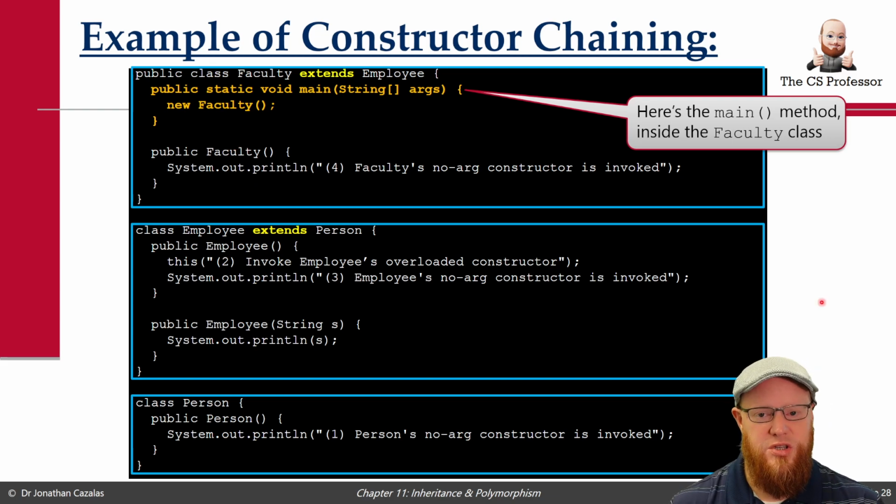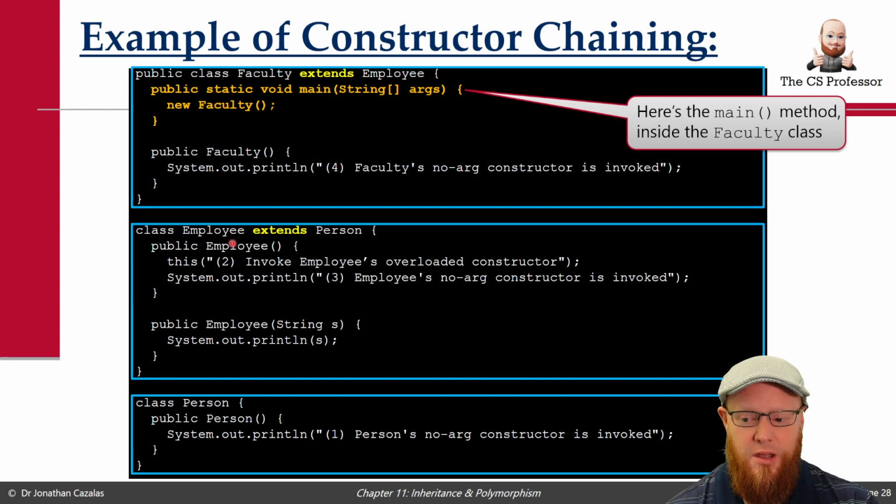So now that we understand at least what we're looking at, the three classes, let's really pay attention to the finer detail of what happens when we create a new faculty object. We can see that faculty extends employee. So when we make a new faculty object, ultimately we're going to be calling the employee constructor.